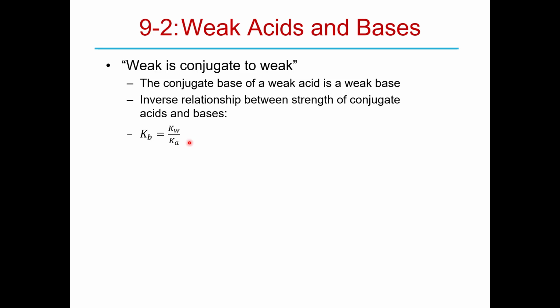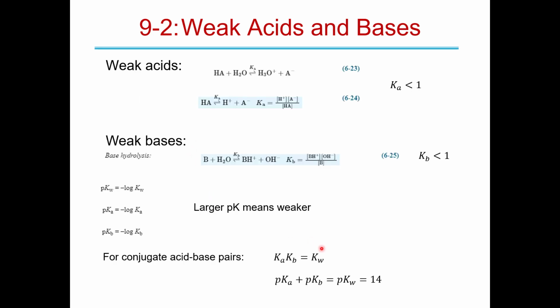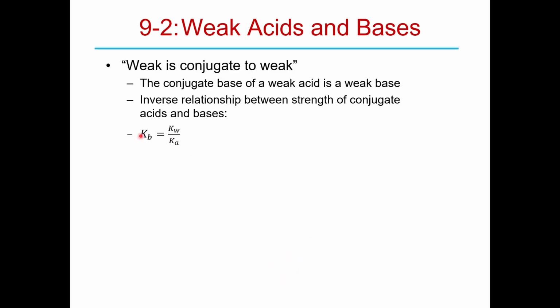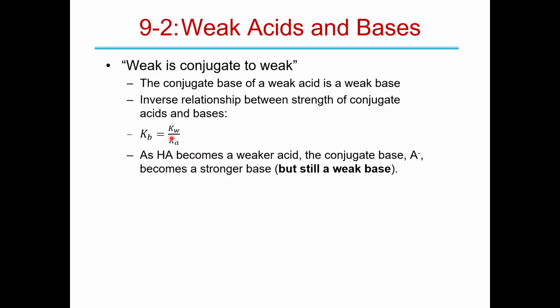So looking at this equation, I've solved it for Kb right here. And so you see we have an inverse relationship because we've got this Ka in the denominator. So as Ka gets big, Kb gets small. That's what we mean by an inverse relationship. So it is true that as HA becomes a weaker and weaker acid, the conjugate base, A-, becomes a stronger and stronger base.